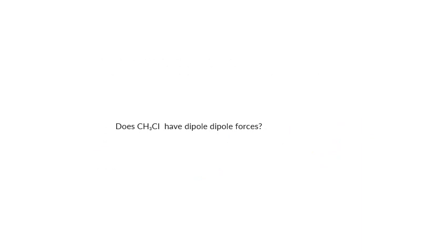Next question is, does CH3Cl have dipole-dipole forces? How are we going to decide that? Again, with the shape, and also the electronegativity difference, right? So I have CH3 and Cl. Cl is more electronegative than carbon. So the shared electron pair will shift towards chlorine. So chlorine has a slightly negative charge and the other side a slightly positive charge.